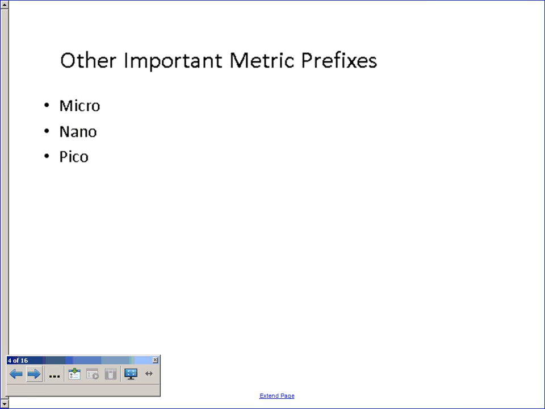Micro is 10 to the negative 6, nano 10 to the negative 9, pico 10 to the negative 12. Pico is abbreviated as a lowercase p, nano is abbreviated as a lowercase n, micro is abbreviated as a Greek mu. Those are your other 3 that you have to know.